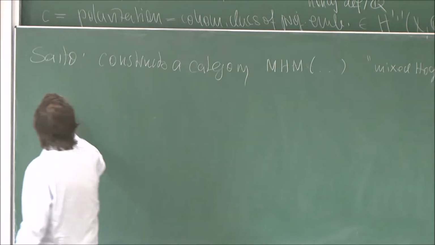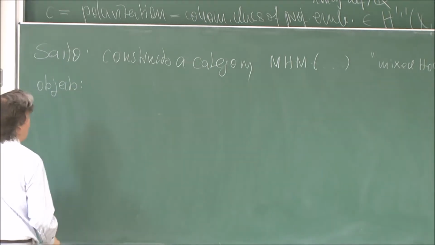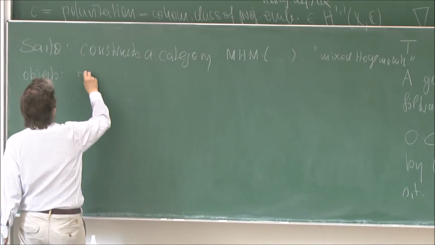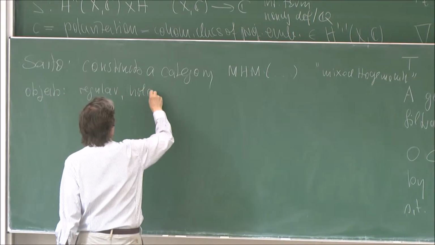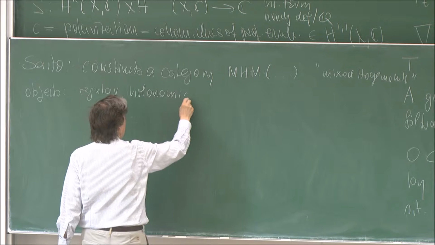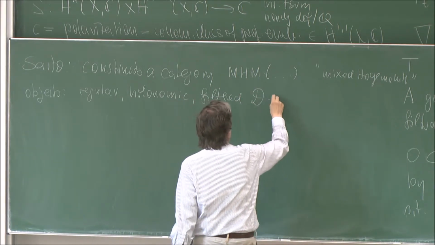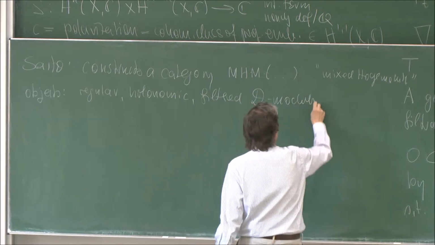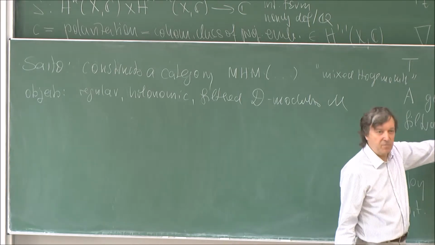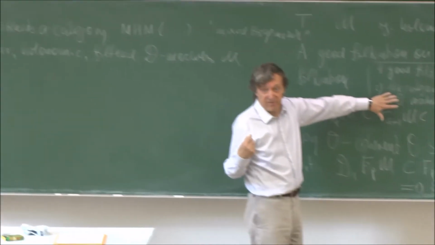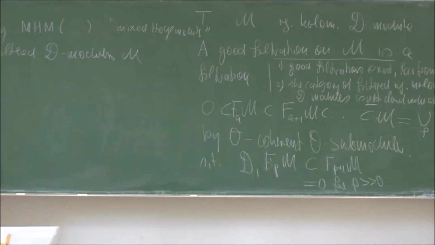So the objects are regular holonomic filtered D modules, so what I looked at here is statement 2, but of course not all of them, just some of them, with two filtrations.